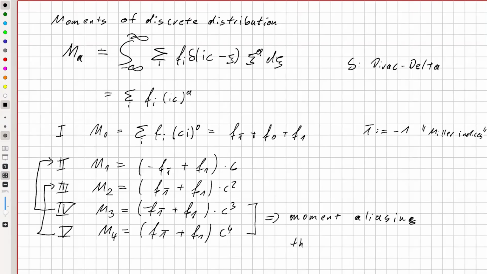So you see, the thing is we have 3 discrete velocities. We end up with 3 independent moments.